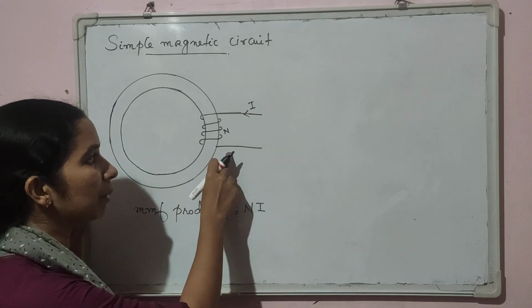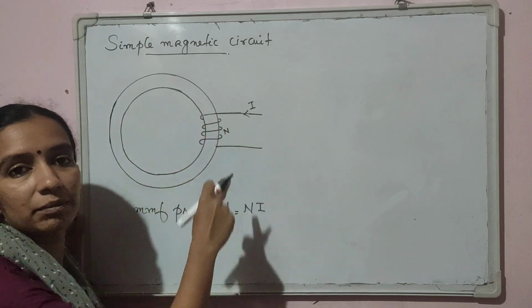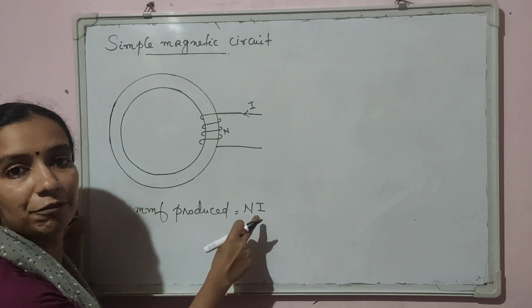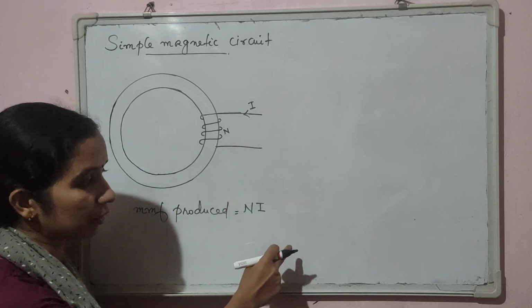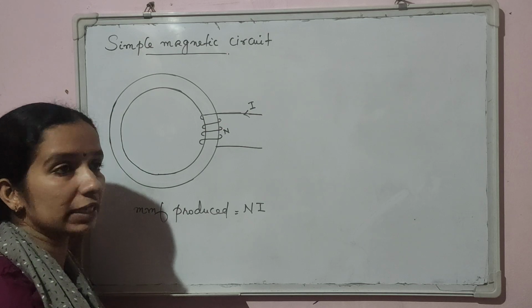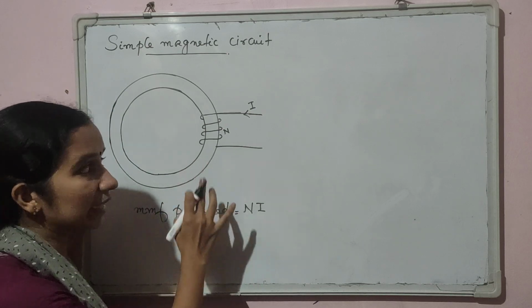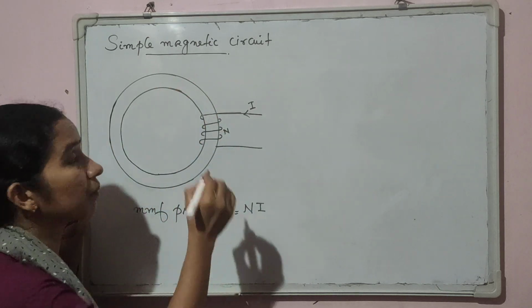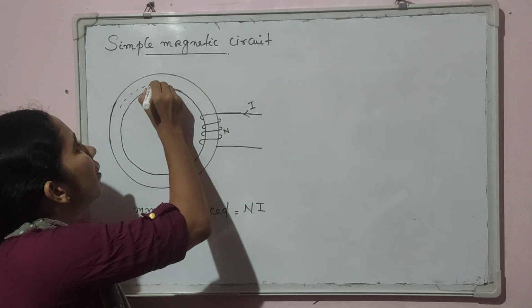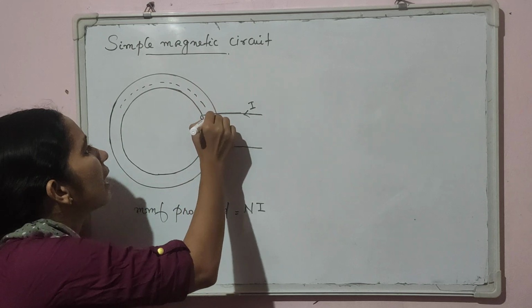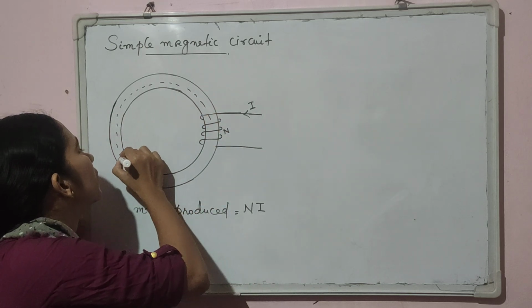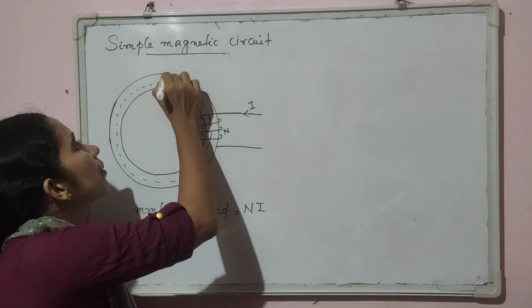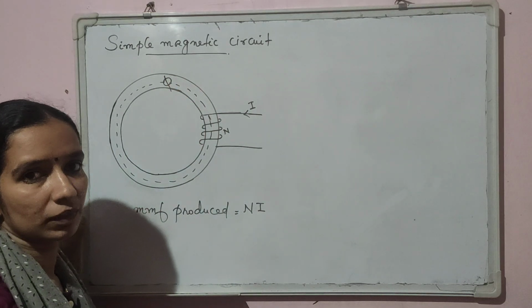So due to this MMF, a flux will be set up in this magnetic circuit. This MMF NI will set up a magnetic flux in this iron ring. Here the magnetic circuit means the iron ring. So a flux of phi Webers will be set up in this iron ring.